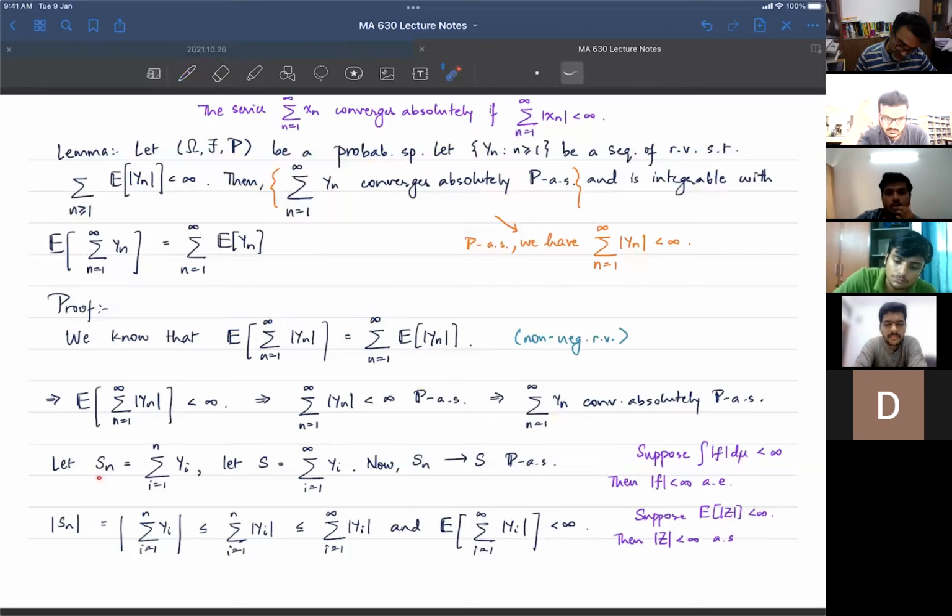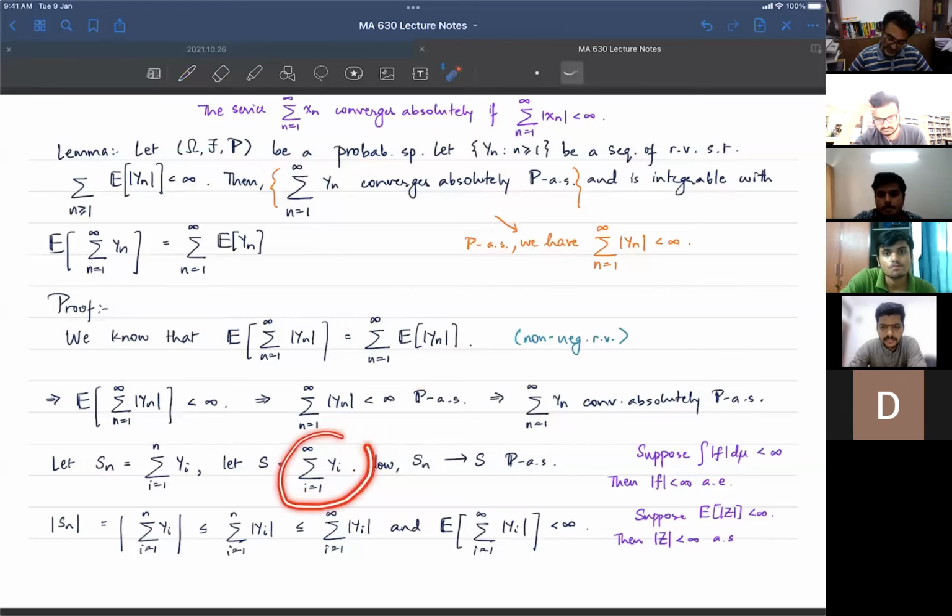All right, so let Sn be the sum i going from 1 through n of yi. Let S be the sum i going from 1 to infinity of yi. Can somebody tell me why this S is well defined? This series converges absolutely, almost surely, right?